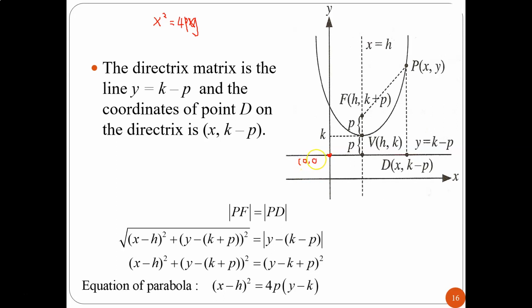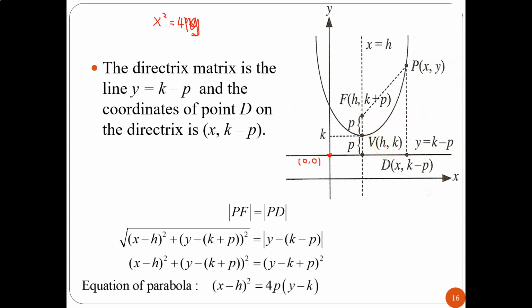Ini yang original. Kalau case macam ni tadi, 4py. But now dia ada new vertex tu dekat sini. Jadinya kita punya focus pun dah berubah. Dia follow this vertex lah.